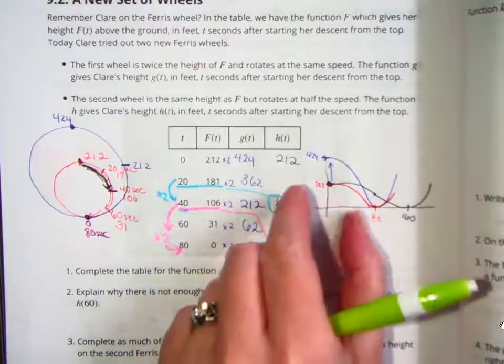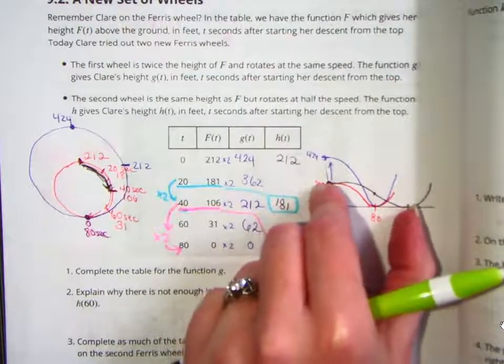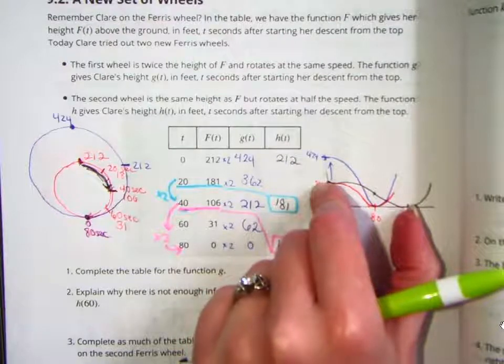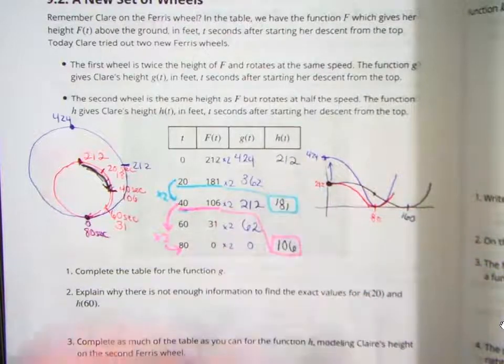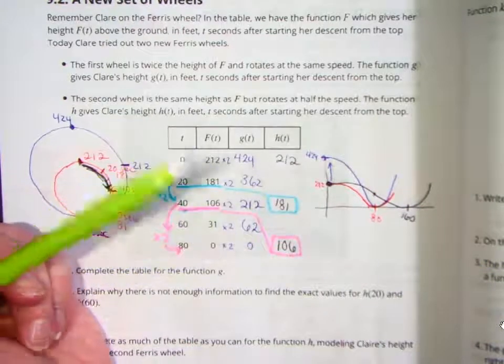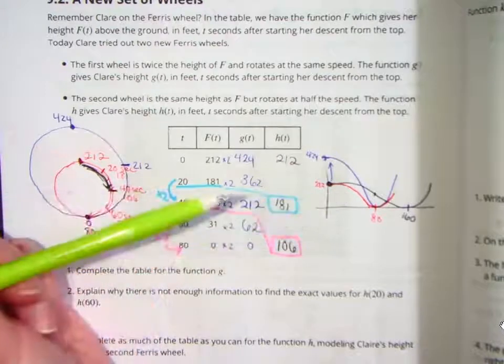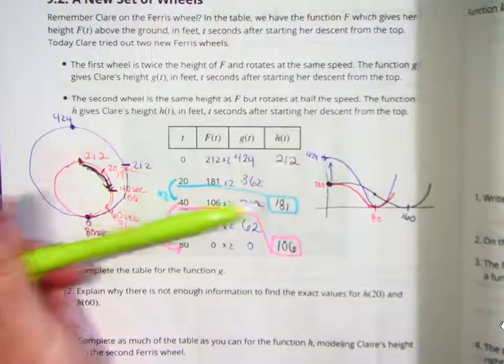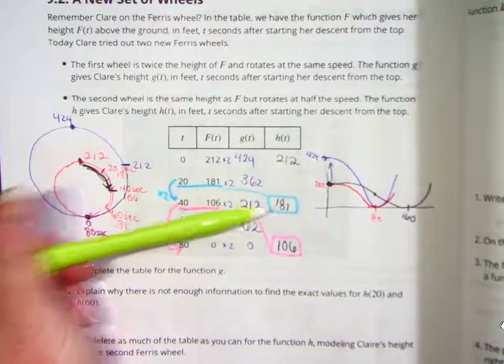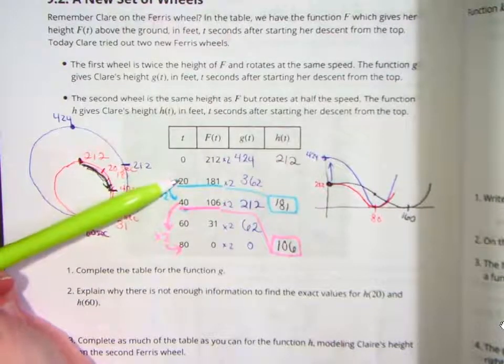And so when we take this graph in red and stretch it wider in black, that wider graph means that each of our inputs has been cut in half compared to what they used to be. To find our output at 40 seconds, we need the old output at 20 seconds.